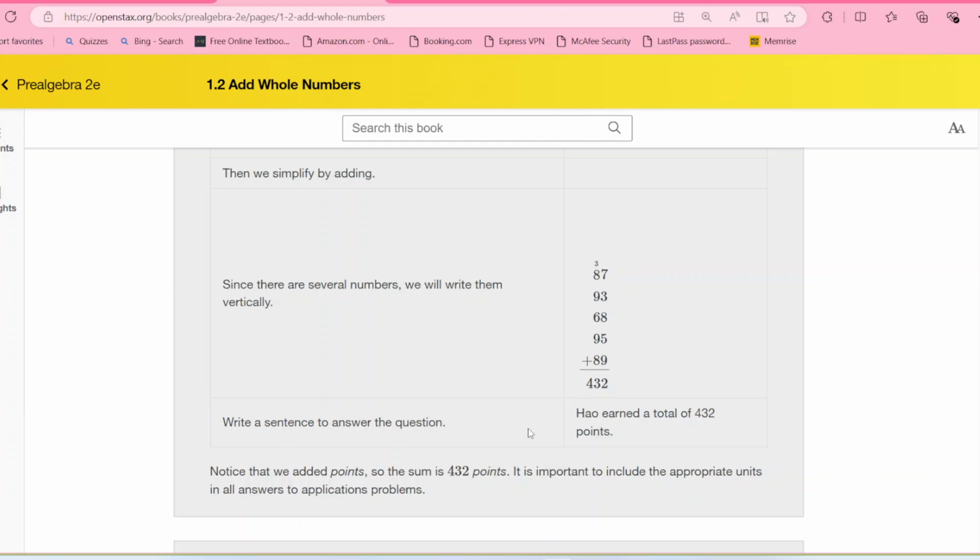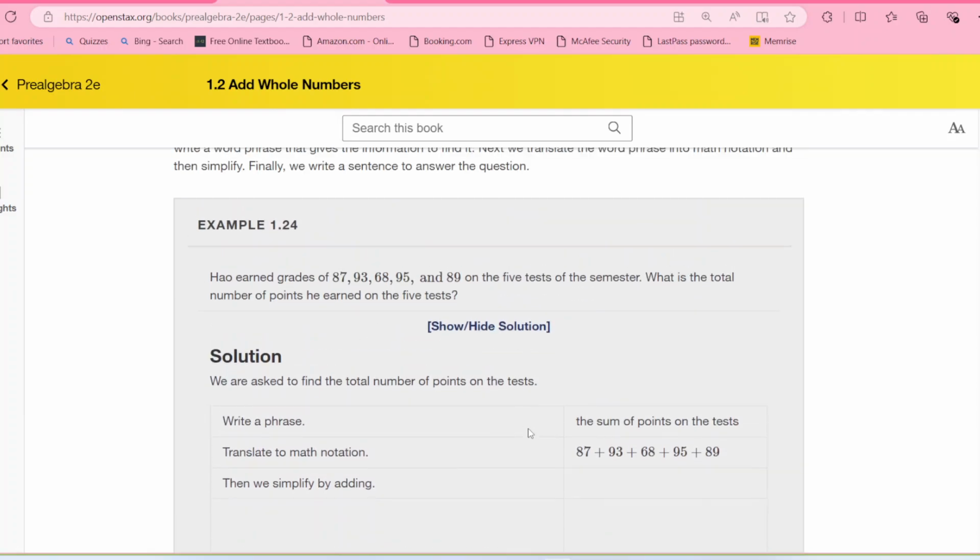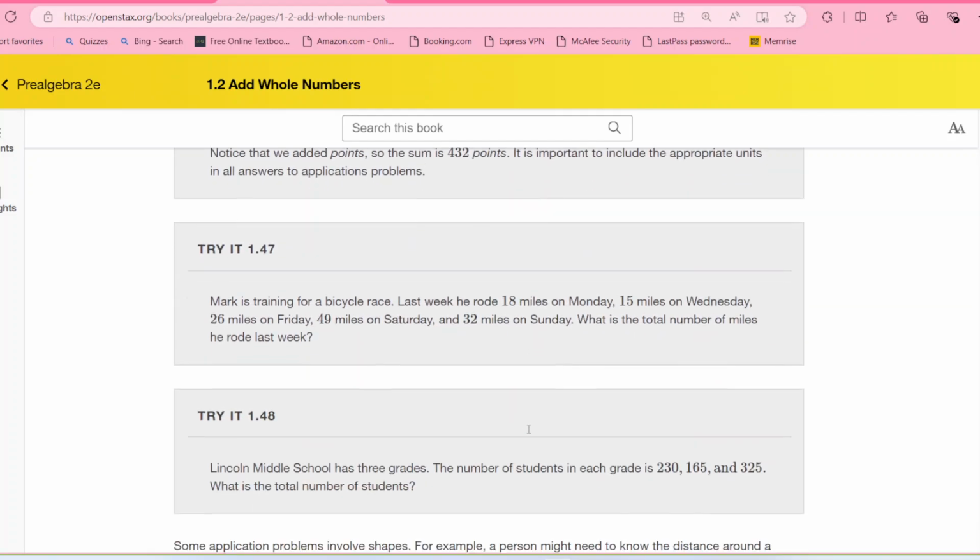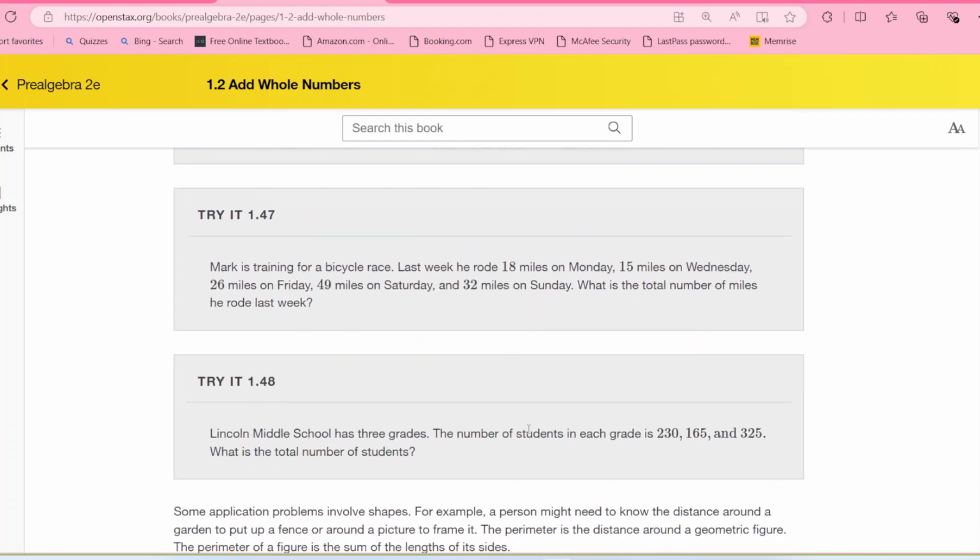All right, so we're asked to do something similar to example 1.24 in these try it problems. I've said this in previous videos as well. I highly recommend that you pause the video and try these try it problems yourself first before you watch me do them.